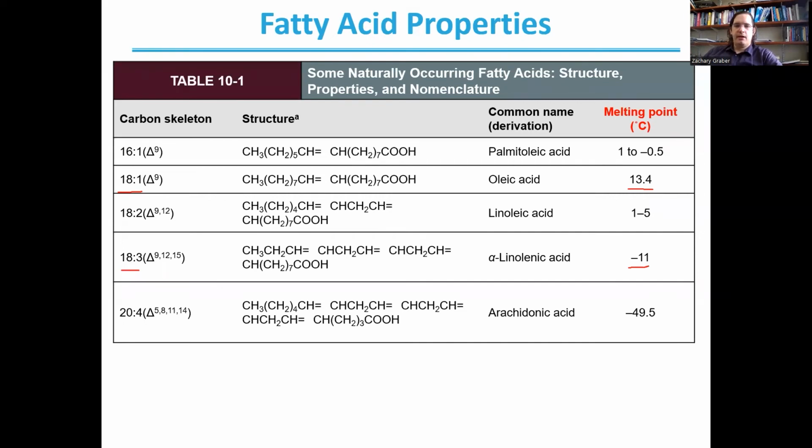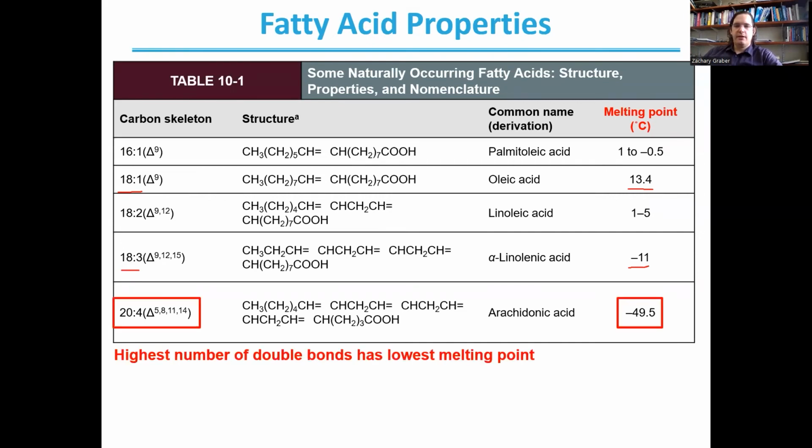And if we compare our arachidonic acid, you'll see that it actually has the lowest melting point of all of our fatty acids here, even though it has the longest carbon chain. Right? So that large number of double bonds actually overrules the effect of increasing our carbon chain length to make that lower melting point overall.